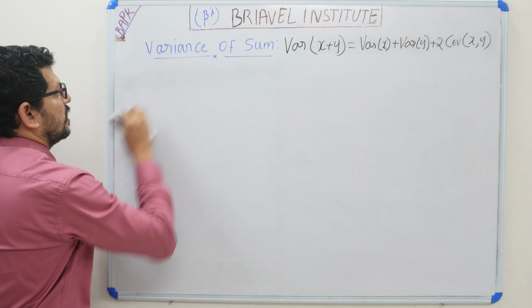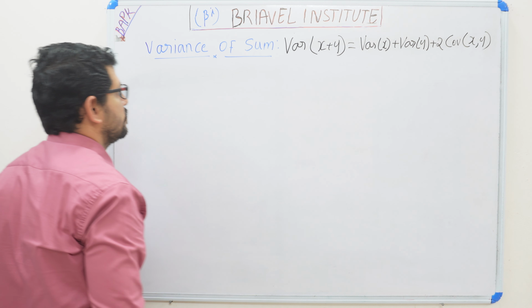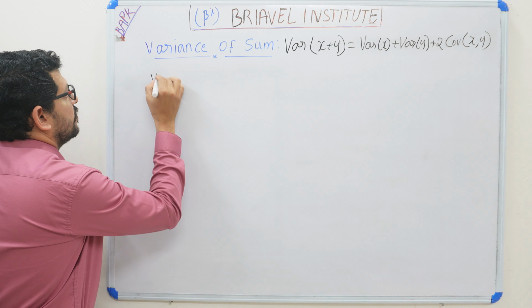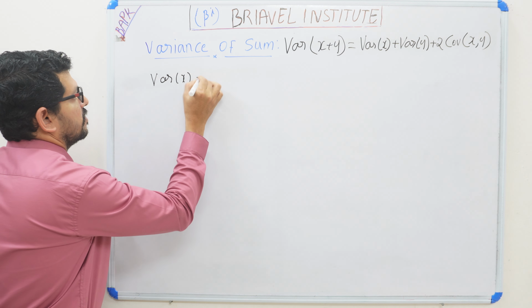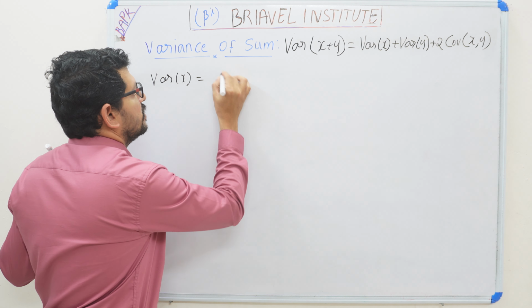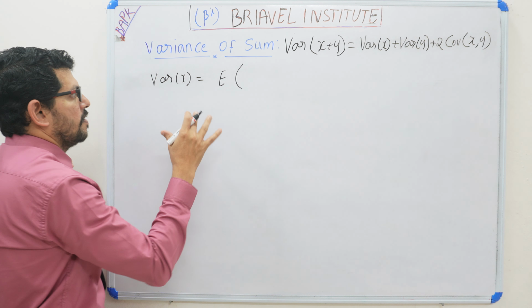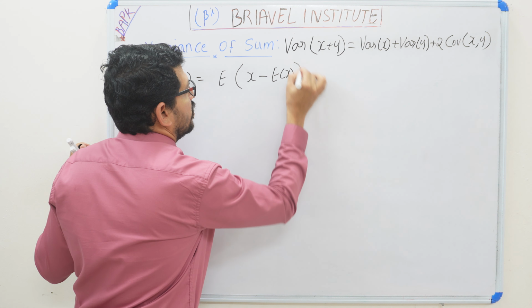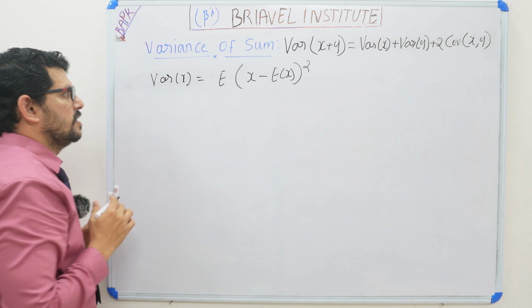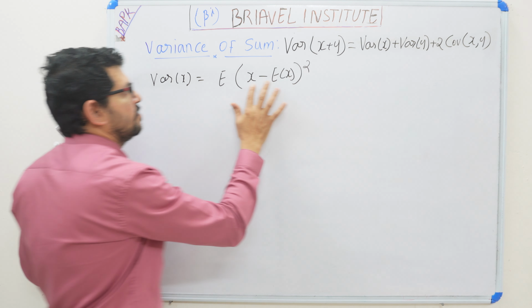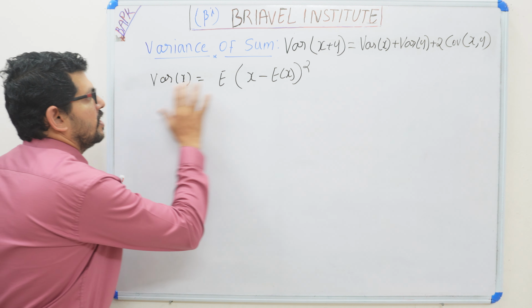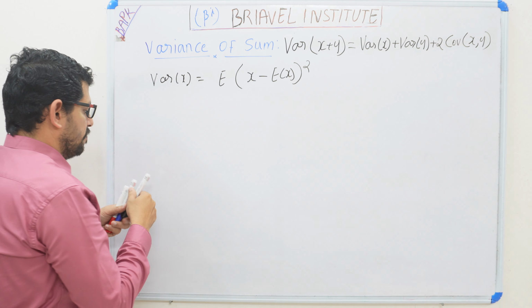We'll start with one of the variance formulas. What is the variance of x? Variance means the change from the expected value. So it is the square of the change from the expected value: x minus expectation of x, all squared. This is the variance formula we already studied in the previous class.